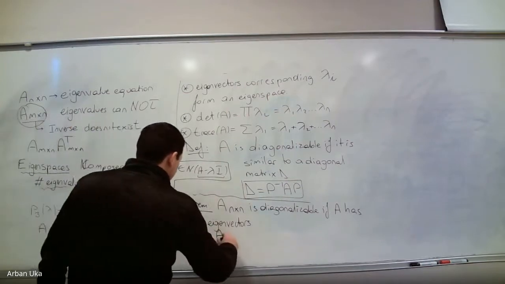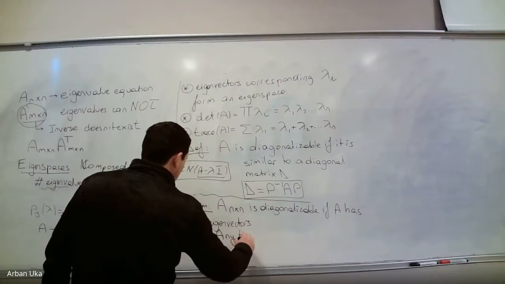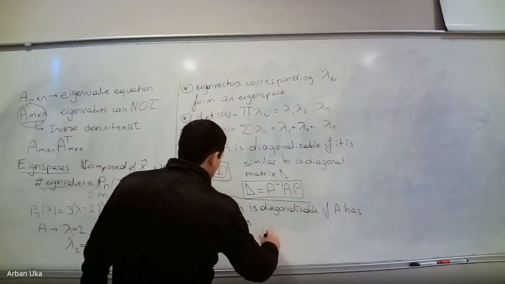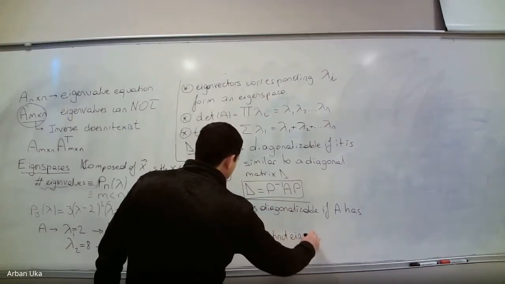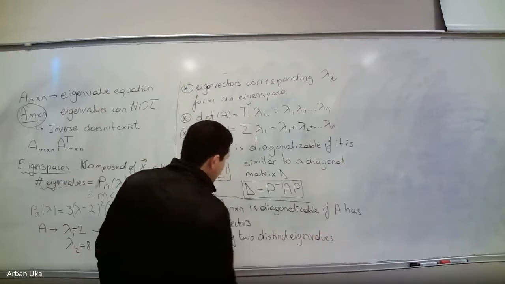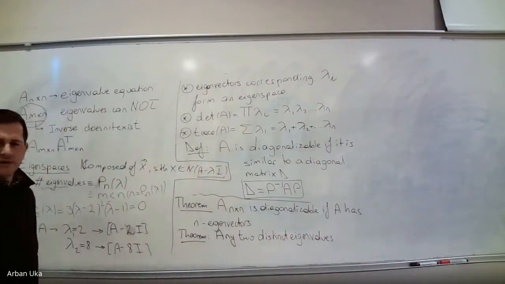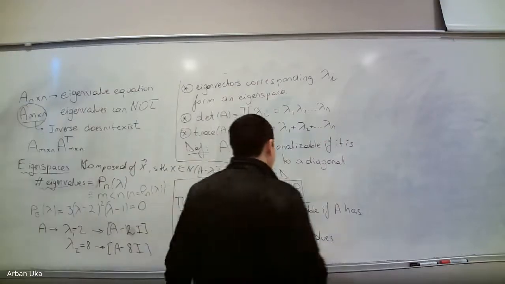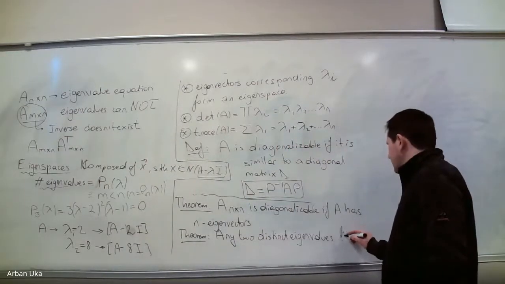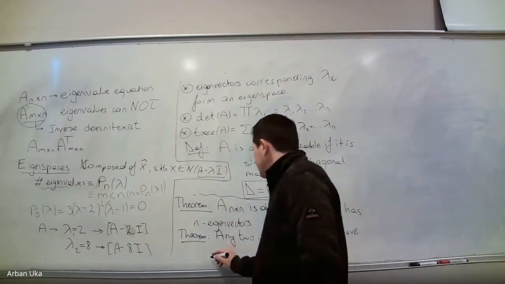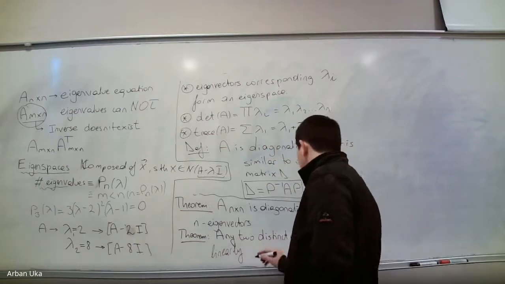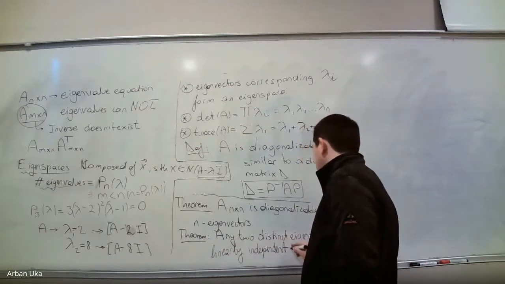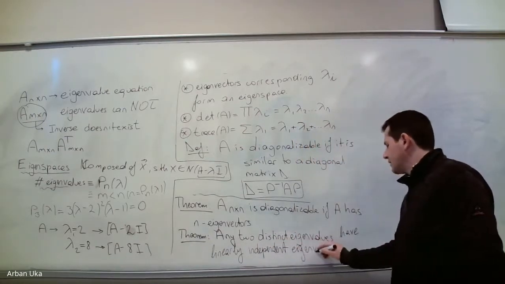Any two distinct eigenvalues, or any two different eigenvalues from each other, have linearly independent eigenvectors.